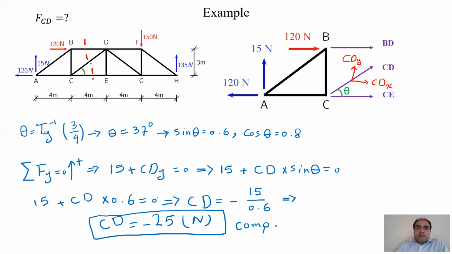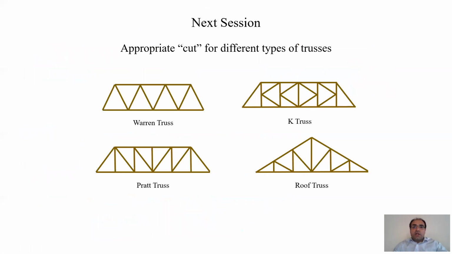Okay, so for next session, I'm going to talk about the appropriate cuts for different types of trusses. As it was explained in the previous sessions, we have different types of trusses, basically Warren truss, K truss, roof truss, or Pratt truss.